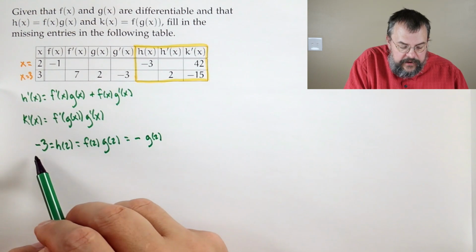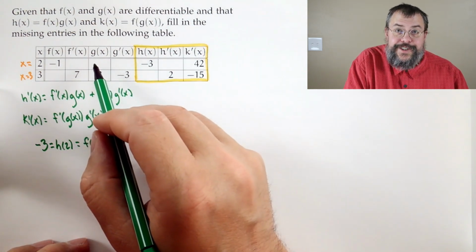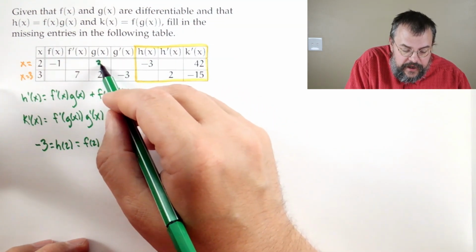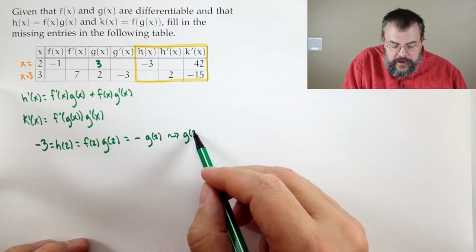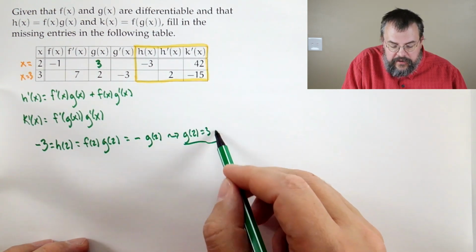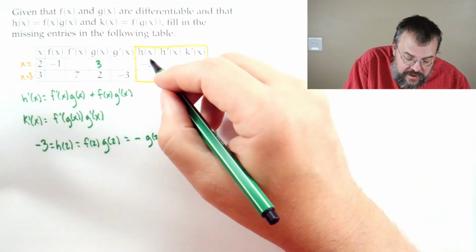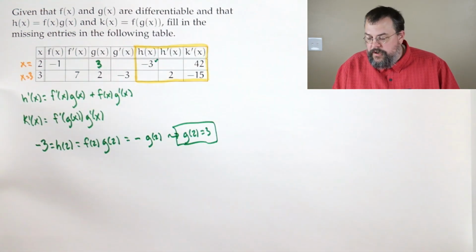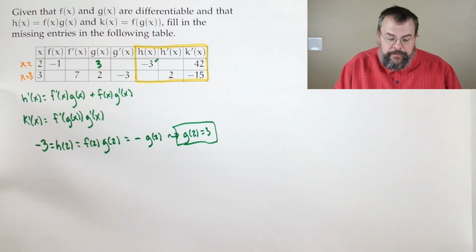So if negative 3 is minus g of 2, that says I know what g of 2 is. That's got to be 3. All right, good. So we've now found g of 2. Okay, progress. I'm just going to put a little check mark here that says I've used that piece of information, so we don't have to go back and wonder if this will help us now. Well, we've got it down as far as we can go.